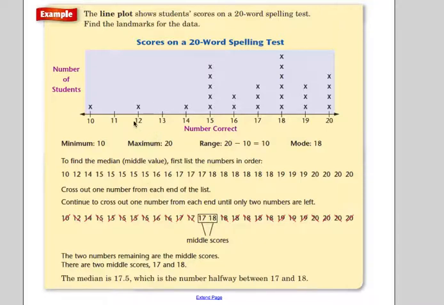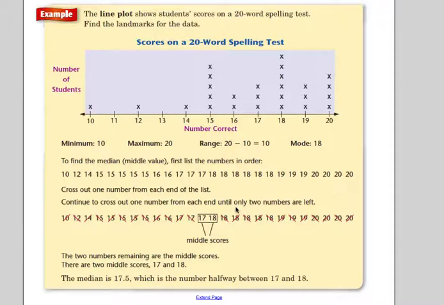If you don't understand what I explained as far as counting to the middle, don't even think about it. I don't want it to mix you up. Just remember, to find the median, you have to list the numbers in order. We usually do them smallest to largest. Cross out one number from each end of the list and keep crossing that way until you get to the middle.